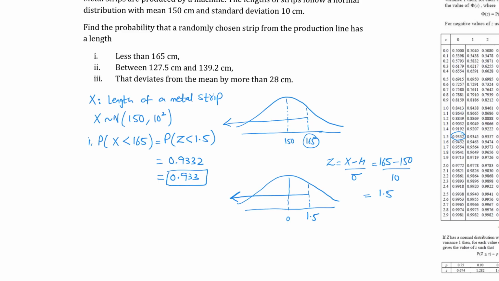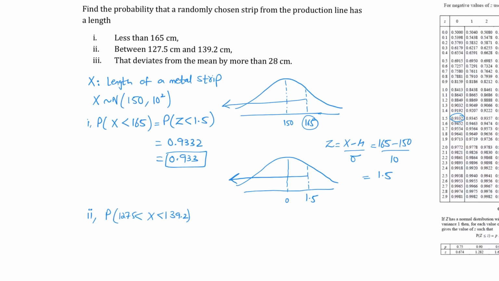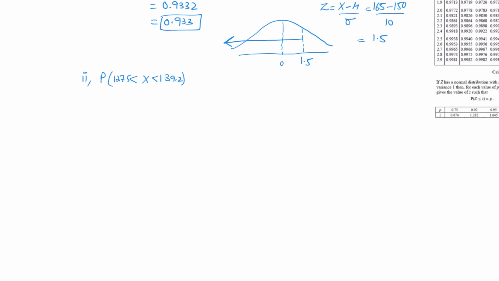Now the second part says find the probability between 127.5 and 139.2. Now the way you will attempt this part is, it's always better to draw these curves to have a better perspective of the question.